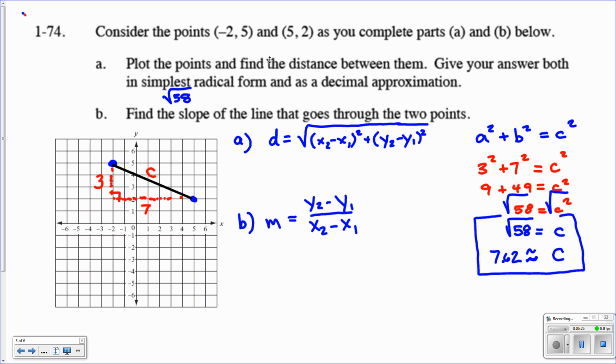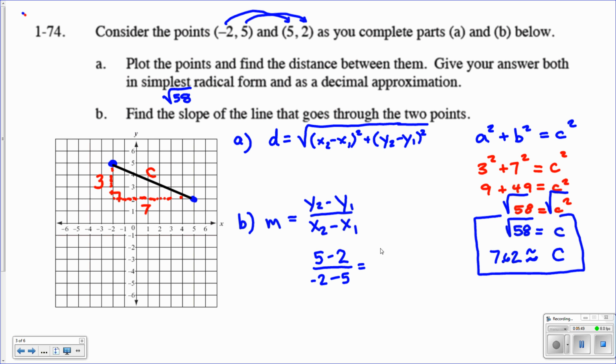We'll even check it by using the formula. So I'm going to do my 5 minus my 2 with my y's, which means I have to do my -2 minus my 5 for my x's. So 5 minus 2 over -2 minus 5.